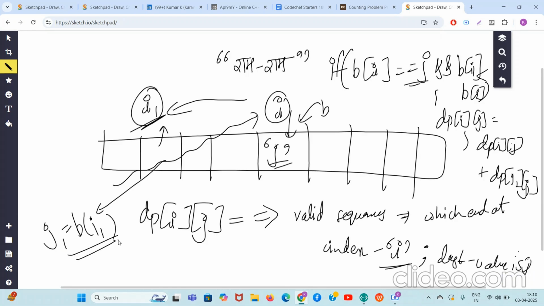The number of strictly increasing sequences ending at index I with last number j is the number of strictly increasing sequences ending at index I1 with value j1, and we know that j1, or B of I1, is strictly less than B of I, then only the strictly increasing sequences can be made, right? So you can calculate this in O of n cube, and using prefix sum dp you can optimize it to O of n square.